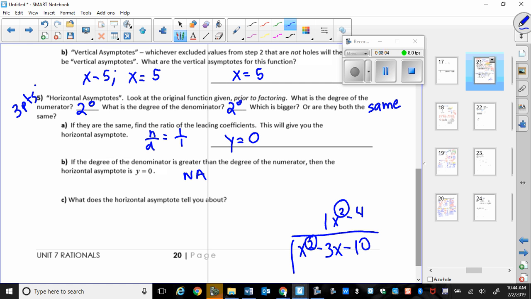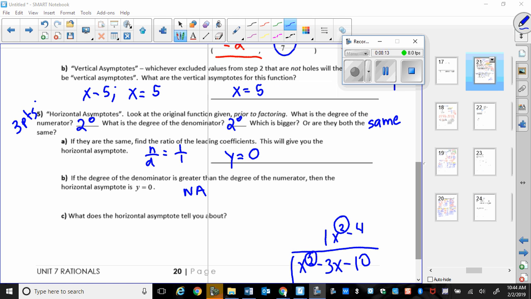What does the horizontal asymptote tell you about the function? Well, it could tell you a lot of different things. It could tell you the range. The range goes from negative infinity up to the horizontal asymptote. Perhaps it's 1 here. It stops at 1, continues back up, goes to positive infinity.